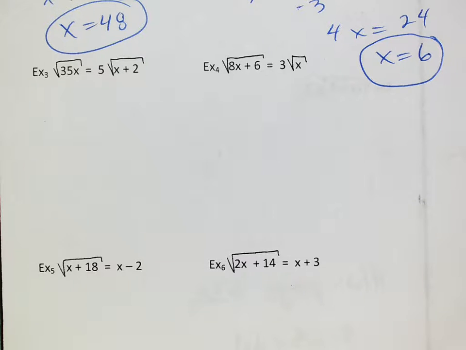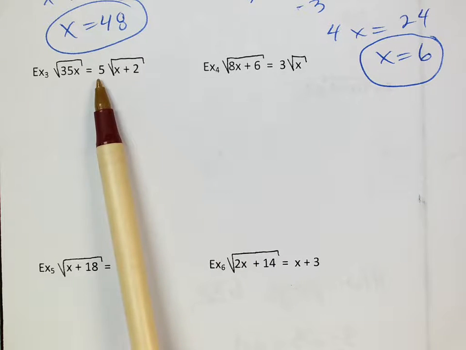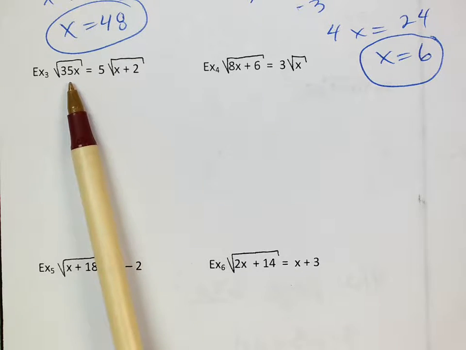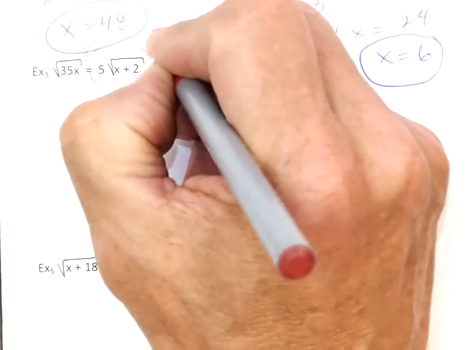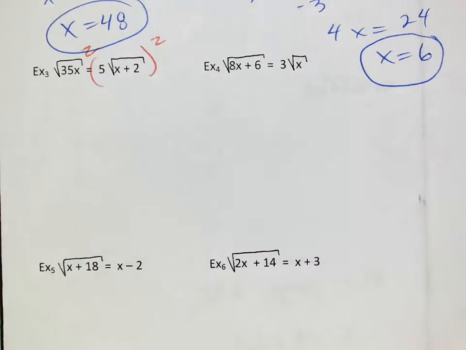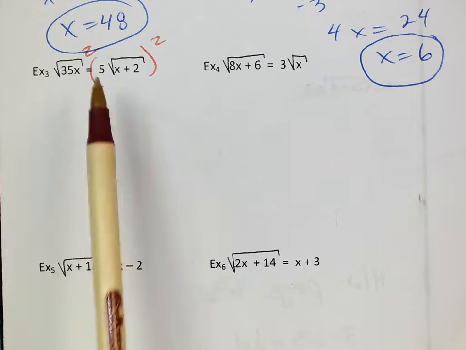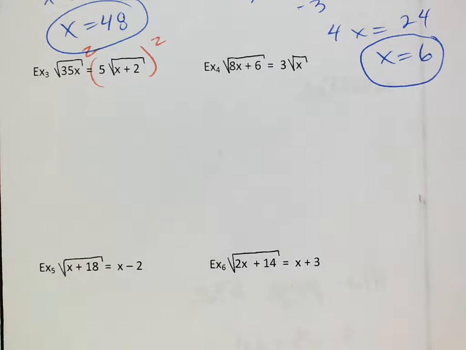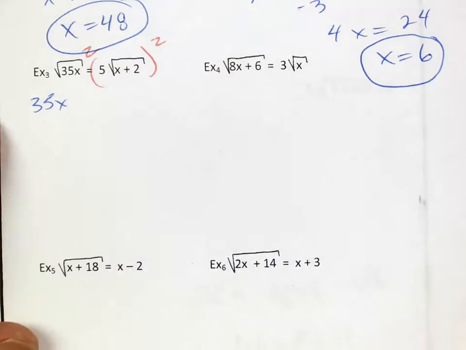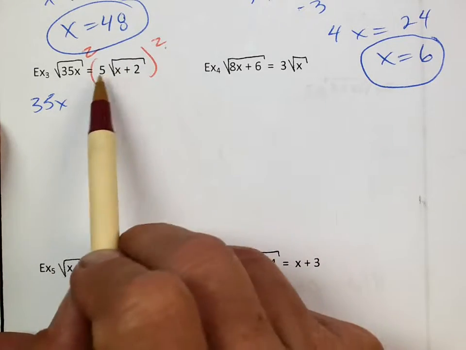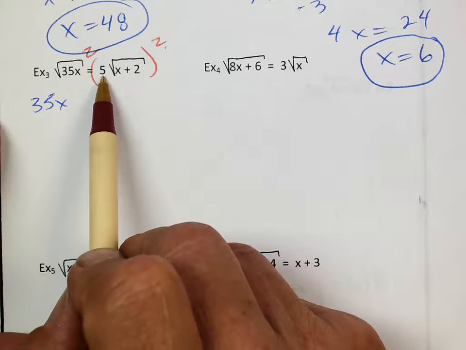So here's the thing on this next one. If I divide by 5, it doesn't do me any good. But if I square both sides, I get rid of the square root, right? So I'm going to square both sides. And listen carefully. The square does get rid of the square root, right? 35x. But the square has to go to the 5, because the 5 is squared also.